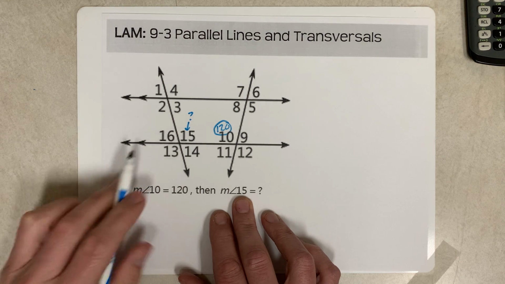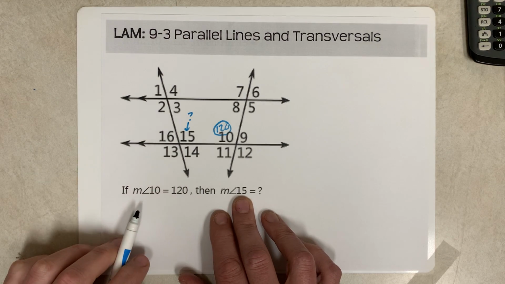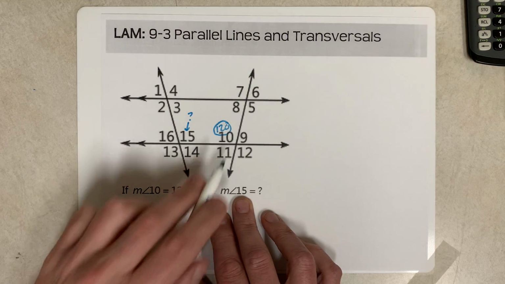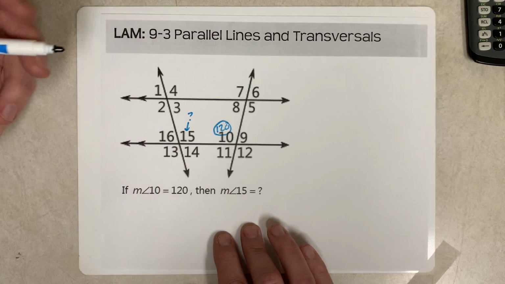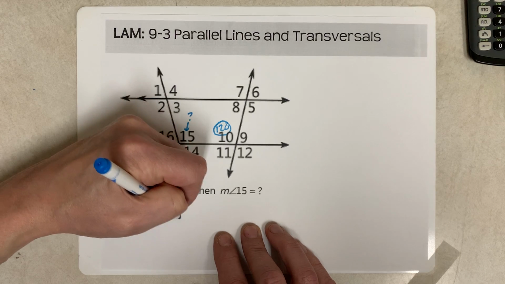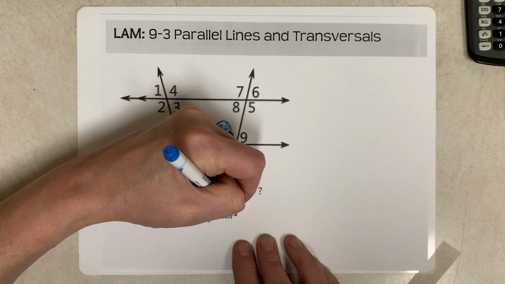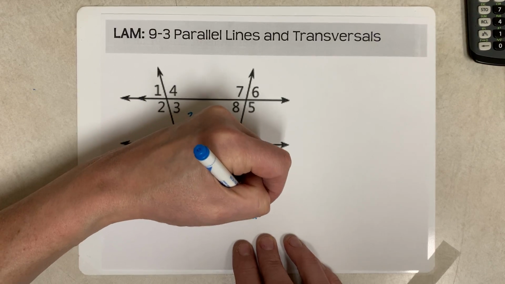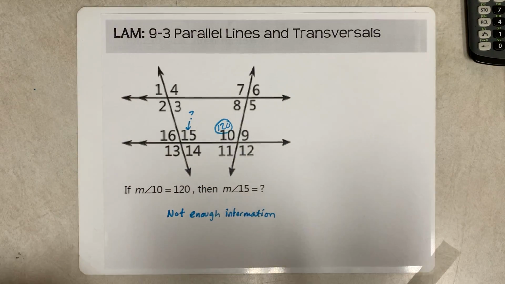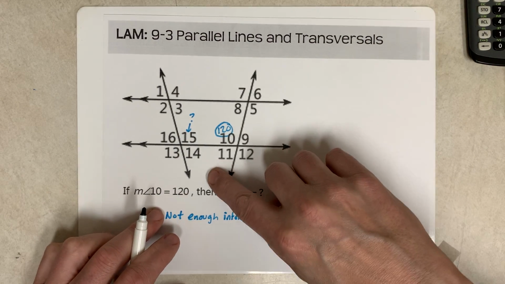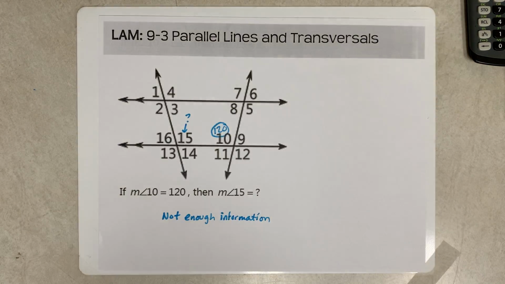If 10 is 120, I have no idea what 15 is, because they're on different transversals. So this one would be not enough information. There's really not enough information to figure out what 15 is if you know 10. Now, if you know 10, you can get any of these, but not these over here.